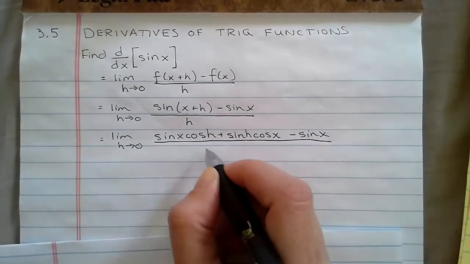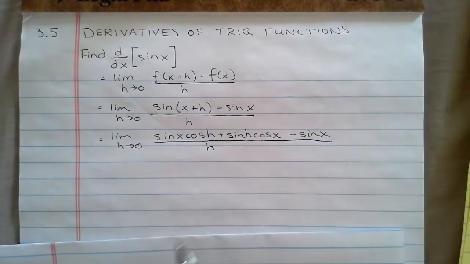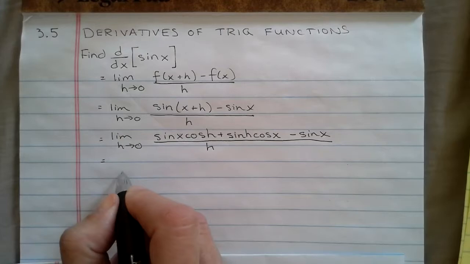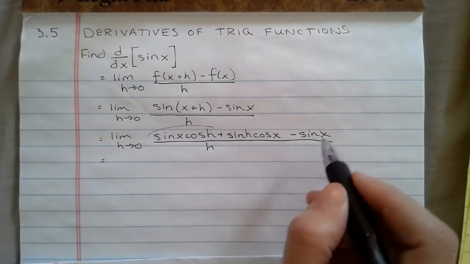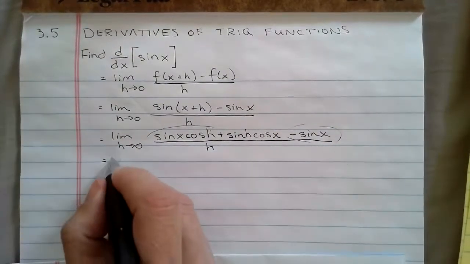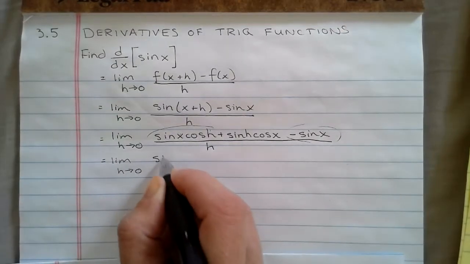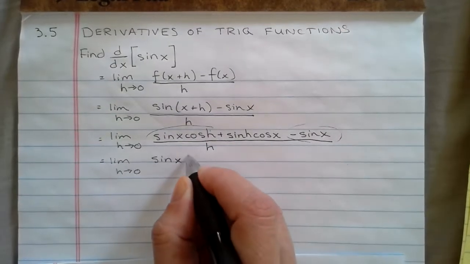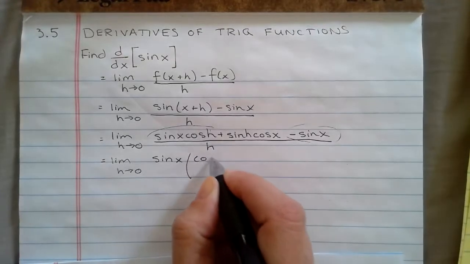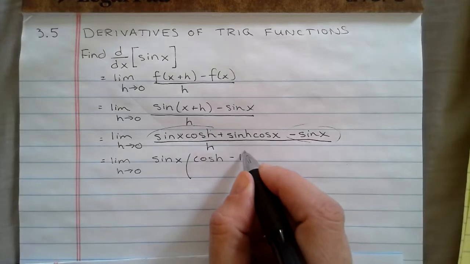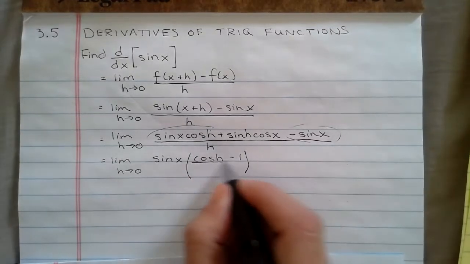Some things just have to fall out of your mouth or out of your pencil on the AP exam, and the derivative of sine is going to be one of those things. Now I'm going to group this and factor out a sine x, only because I know where this is going. That leaves me with cosine h minus 1, all over h.